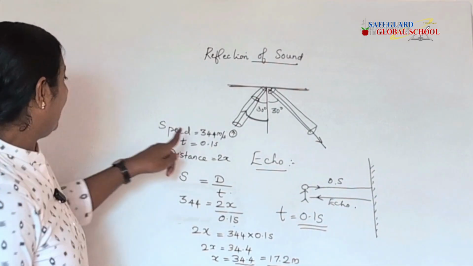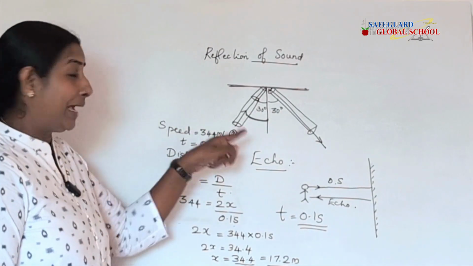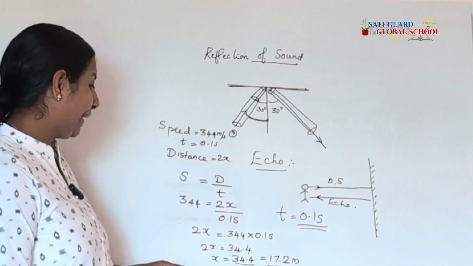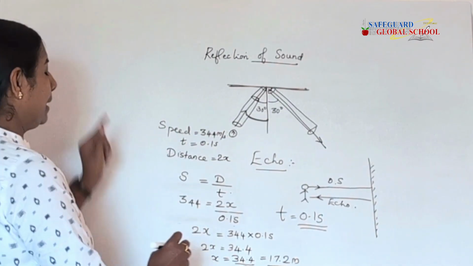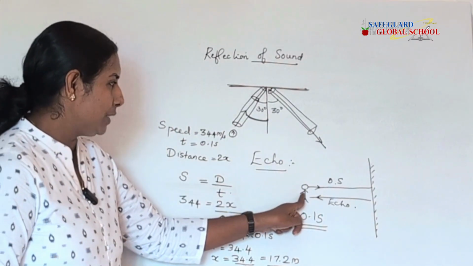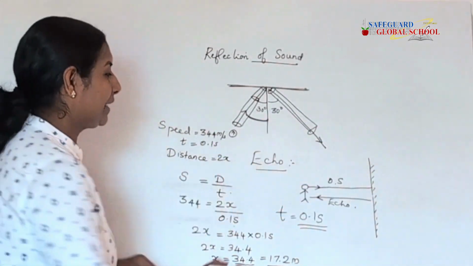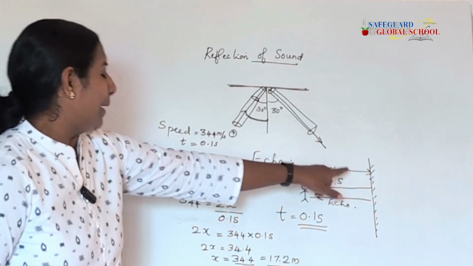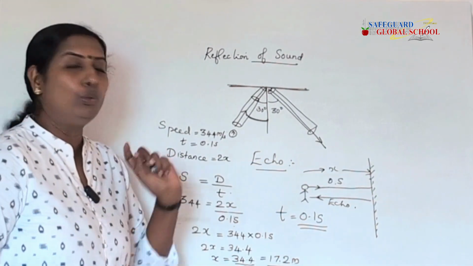So at conditions like 22 degrees Celsius where the speed is 344 meter per second, the minimum distance between the source and the reflecting surface, which we mark as x, must be 17.2 meter.